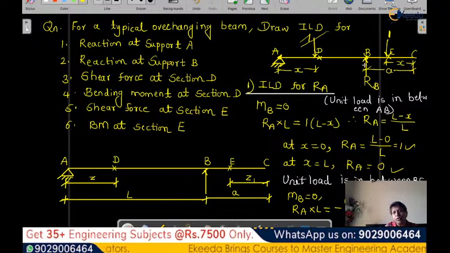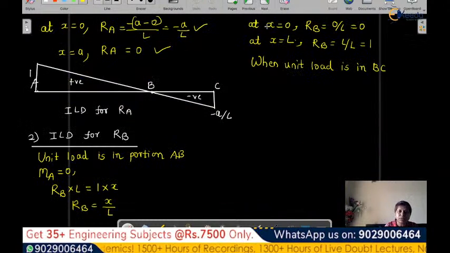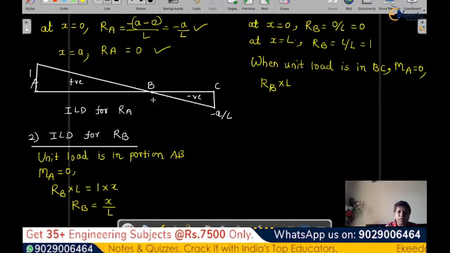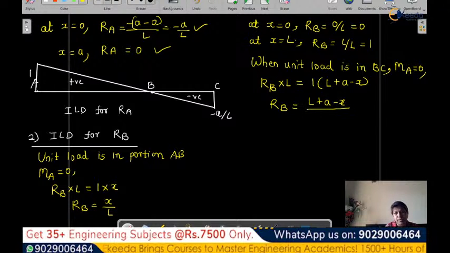So 1 into L plus this distance, and this distance will be A minus X. Moment about A is 0, so RB into L, which is clockwise, equals 1 into L plus A minus X. So RB value we are getting as L plus A minus X by L.